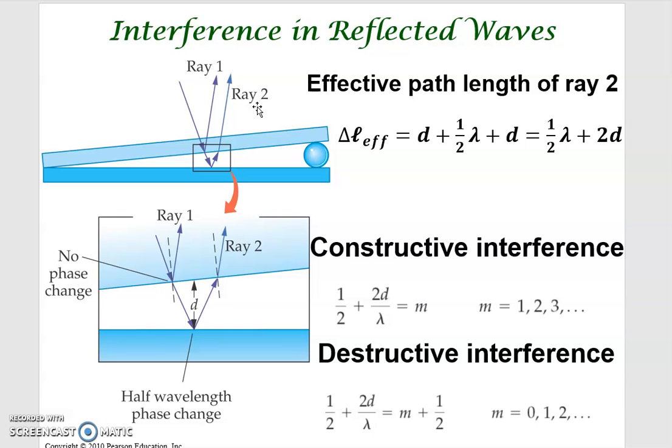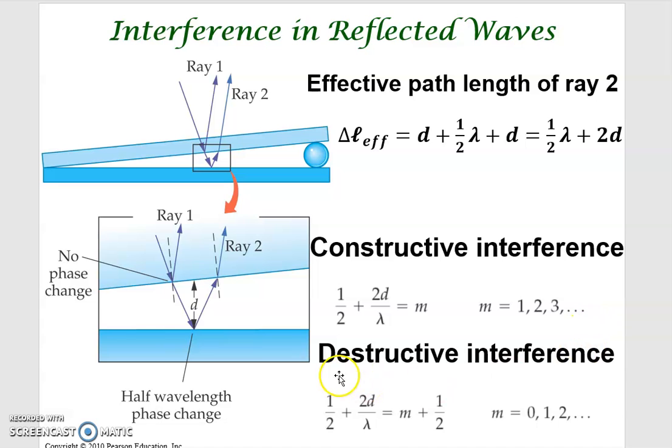So how about the result for the interference? If the interference is a constructive one, which means this effective path length should be equivalent to an integer number of wavelengths, this term will equal m times lambda. Now if you divide by lambda on both sides, you will get this result.